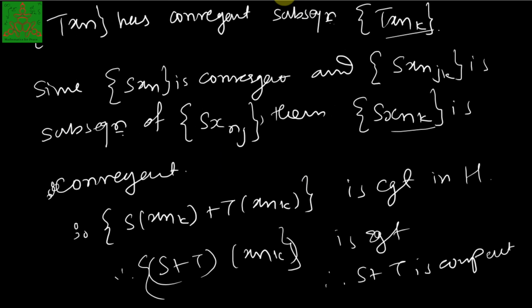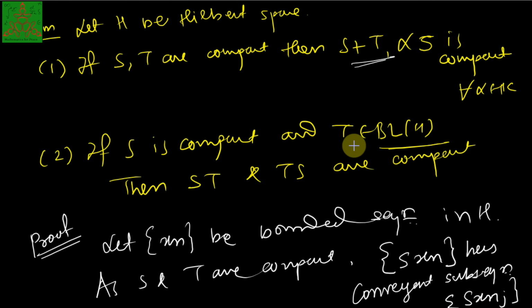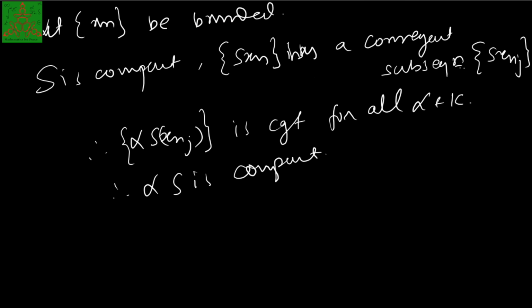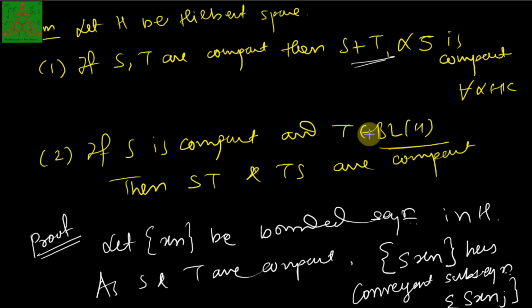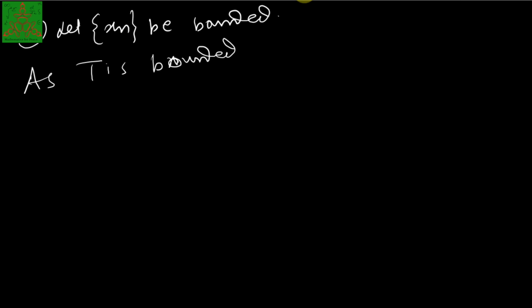Now secondly we need to prove this is a left side and right side ideal, a two-sided ideal. To prove that one, I am again taking a sequence xn which is bounded. As T is bounded, which is given, T is a bounded linear operator, and xn is a bounded sequence, so T of xn is bounded.